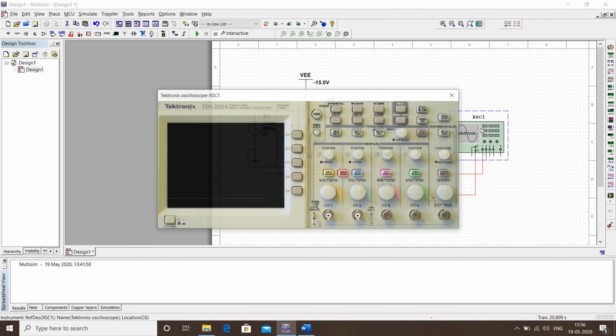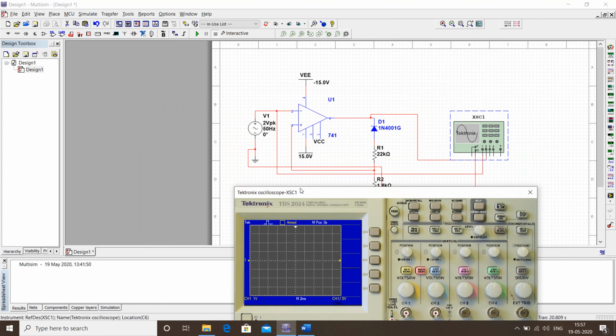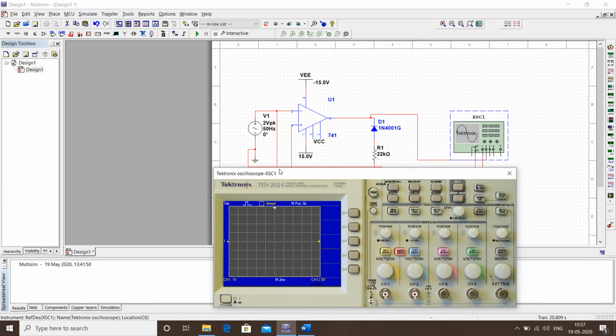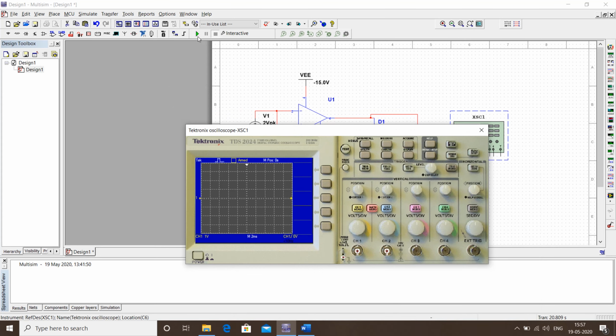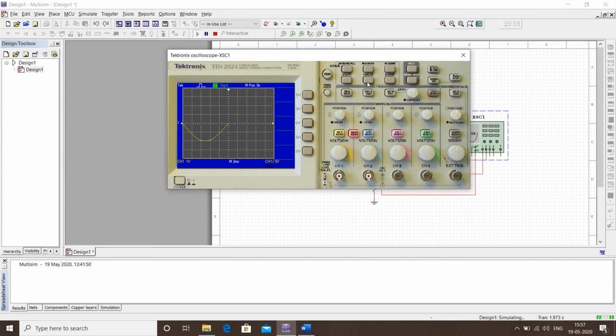Now double clicking this oscilloscope and turning it on, once the circuit is complete, I will execute this. Another thing I will do here is auto set it, because both channels have to come simultaneously.